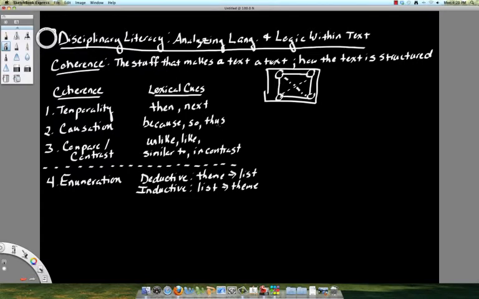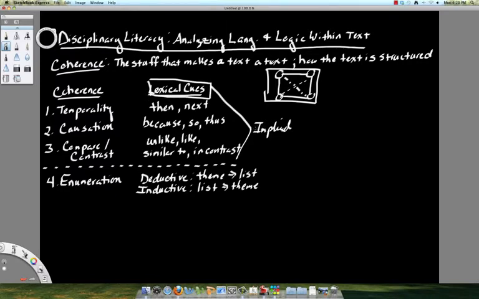I could have also written, Jason ate ice cream. He felt sad. Here, causality is implied, although it's not really obvious if Jason is sad because he ate the ice cream or vice versa. Either way, the author puts the onus on the reader to make meanings when any of these are implied, when those lexical cues aren't present in the text.